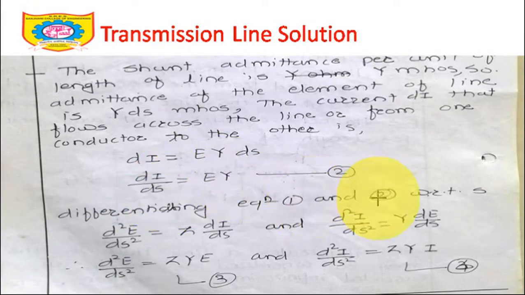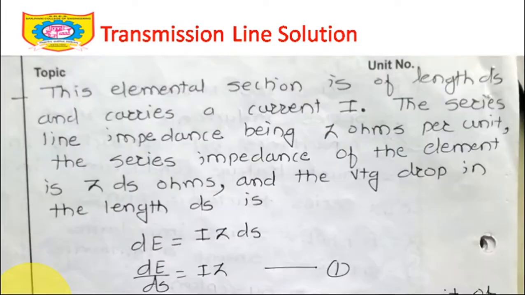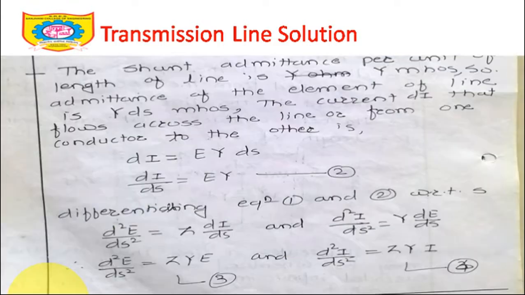Now differentiating equations 1 and 2 with respect to s, we get d squared E by ds squared equal to z into dI by ds, since z is a constant independent of I. Similarly, d squared I by ds squared is equal to y into dE by ds.